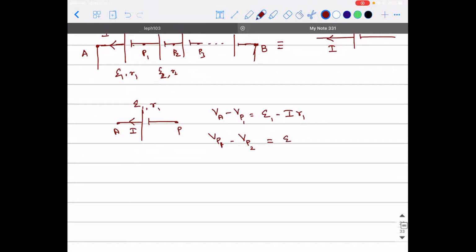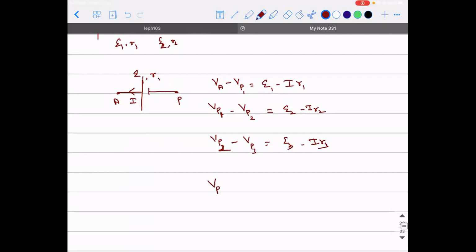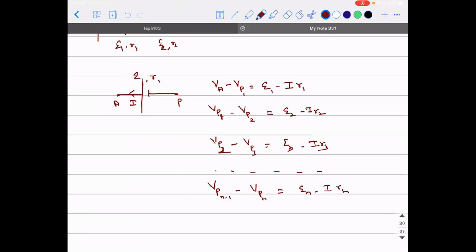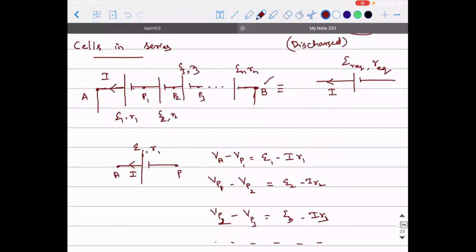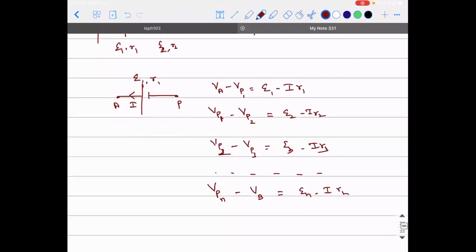E2 minus I R2. Very good. Similarly, VP2 minus VP3 will be E3 minus I R3. Similarly, VP(n-1) minus VPn is equal to En minus I into Rn. It keeps on going like this. Sorry, the last one is VPn minus VB, because the last point is B, equal to En minus I into Rn.